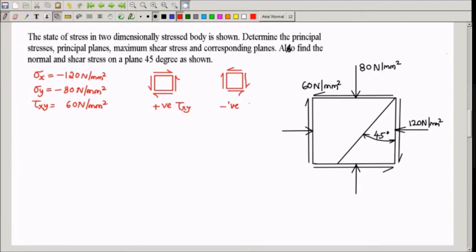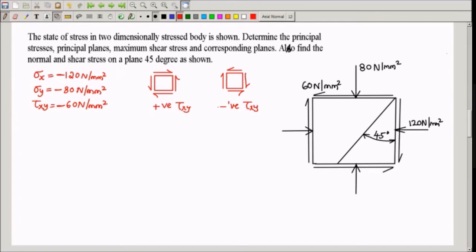This is taken as negative tau xy. So whether the given tau xy is positive or negative is decided by this sign convention. According to this convention, in the given problem, shear stresses on opposite vertical faces are forming clockwise couple, so it has to be negative. So sigma x, sigma y, tau xy, all three are negative in this problem.